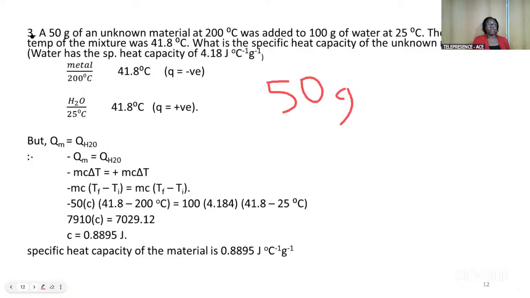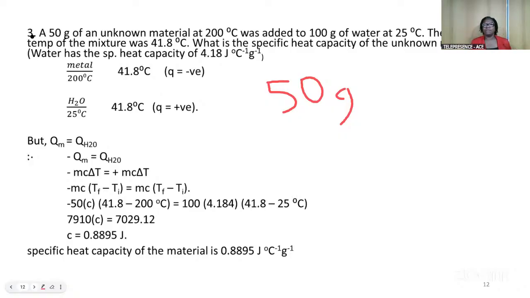If you look at what we have here, there are two substances. One is water, the other one is an unknown material, and that material is at 200 degrees Celsius. You don't know that material. And then you had 100 grams of water at 25 degrees Celsius. So you were bringing a very hot material and putting it into cool water. The final temperature of the mixture was 41.8, which means that you have raised the temperature of water.